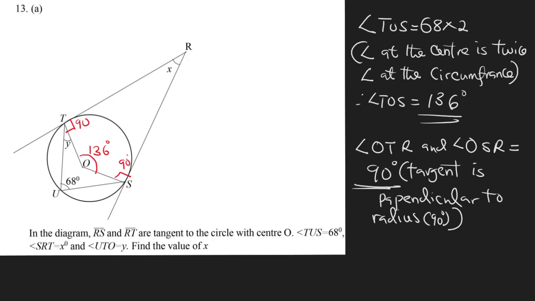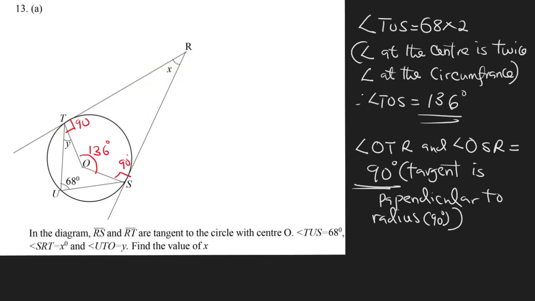So since we've gotten 90 degrees now, it is very, very easy for us to get this x, because why? This is actually a quadrilateral. Can you see? 1, 2, 3, 4. This is a quadrilateral, and the sum of angles in a quadrilateral is 360 degrees.